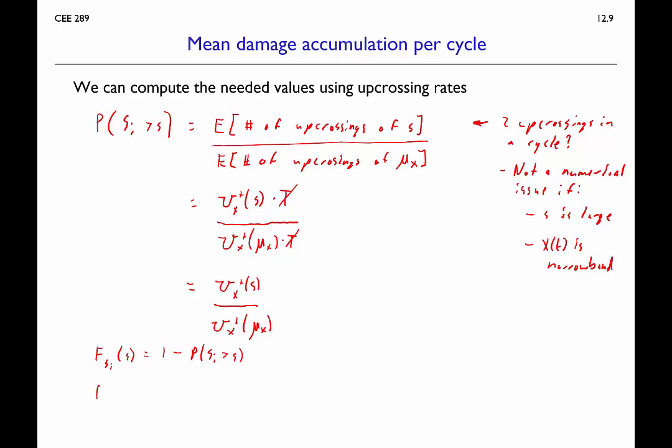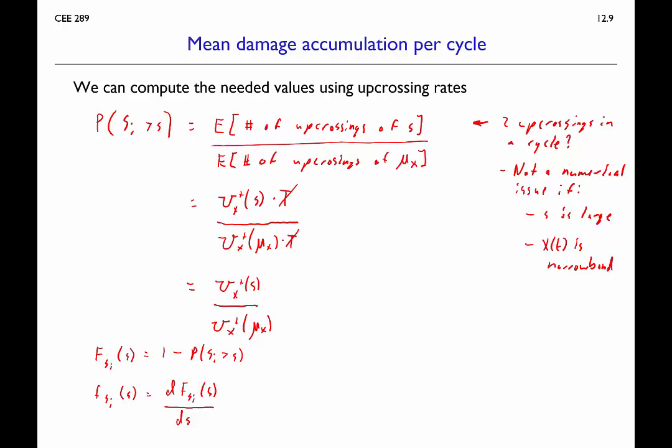And if we want to find the probability density function for SI, that's just the derivative of this cumulative distribution function, which is 1 minus the term we found above. So we won't bother spelling these things out just yet.